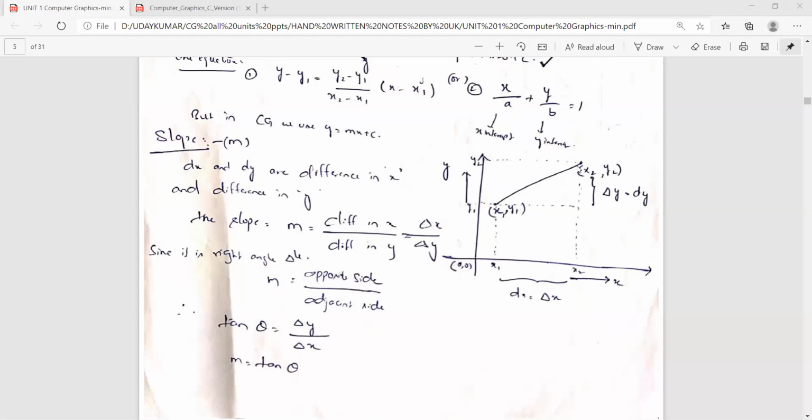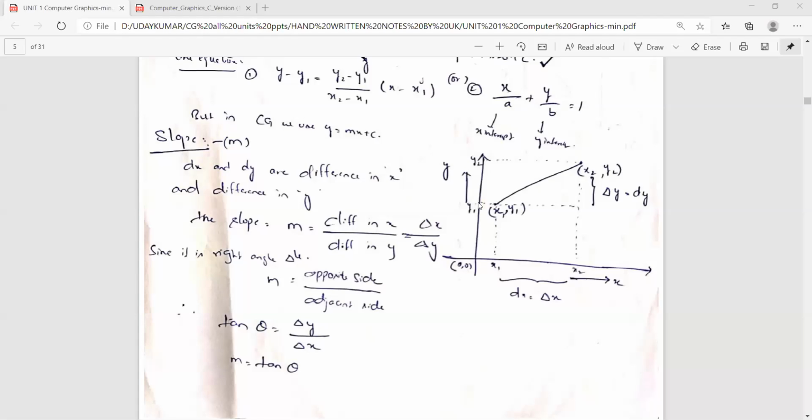So what is the definition of slope? You can get the difference of y coordinates by the difference of x coordinates. If we see only the y-axis, this is the y2 point, this is the y1 point, and this is the origin.